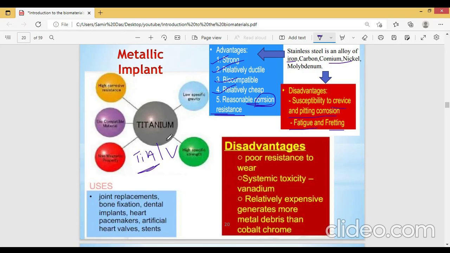Specifically low specific gravity, high specific strength, non-magnetic properties, biocompatibility, and high corrosion resistance. Titanium based metallic implants are highly used as joint replacement, bone fixation, dental implant, pacemaker, artificial heart pump, stents. Almost everywhere we can use titanium based biomaterial. But stainless steel is a little bit cheaper than the titanium based metallic implant.